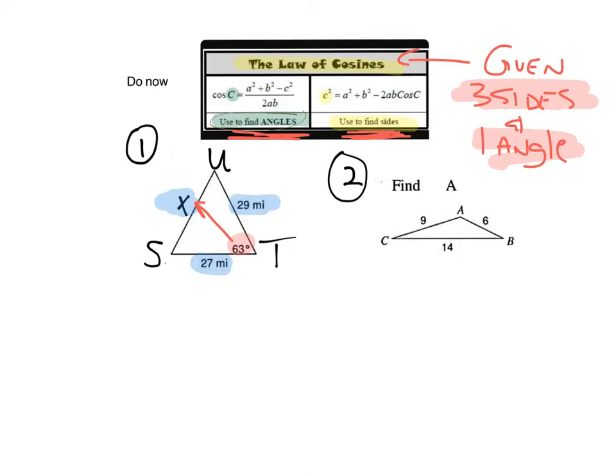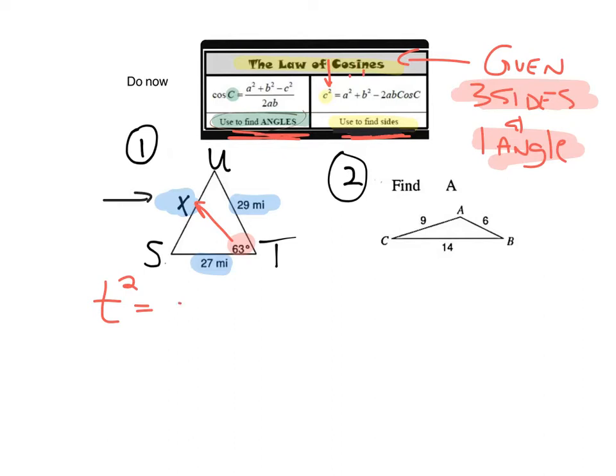And here, since I'm finding side T, I'm going to be using the law of cosines that has sides. So I'm going to be writing for number 1, T squared, because that's what I'm finding. Now if you notice the pattern, you basically have the side you're solving for and then the other two sides on the right-hand side of the equation.